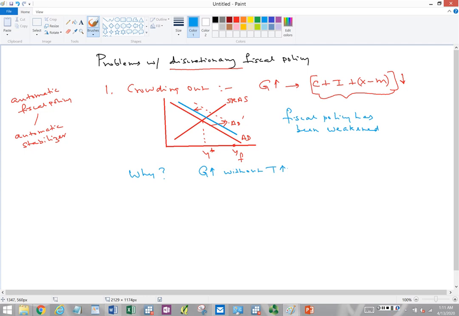Correct? So this, of course, means that the government runs a budget deficit. Correct? Now, what is the budget deficit going to do? It's going to mean the government must borrow.